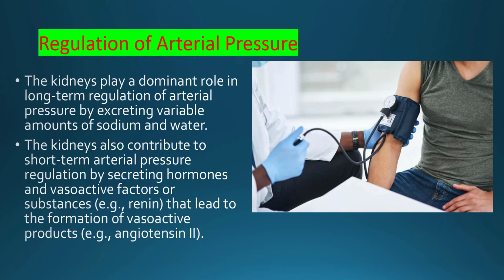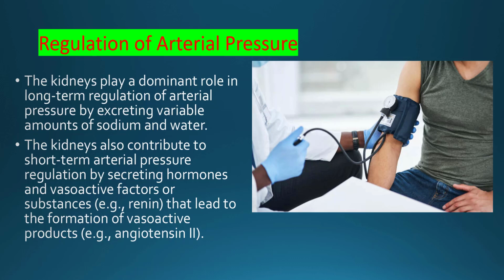Regulation of arterial pressure. The kidney plays a dominant role in long-term regulation of arterial pressure by excreting variable amounts of sodium and water. The role of the kidney is dominant in controlling the blood pressure by removing water and sodium.